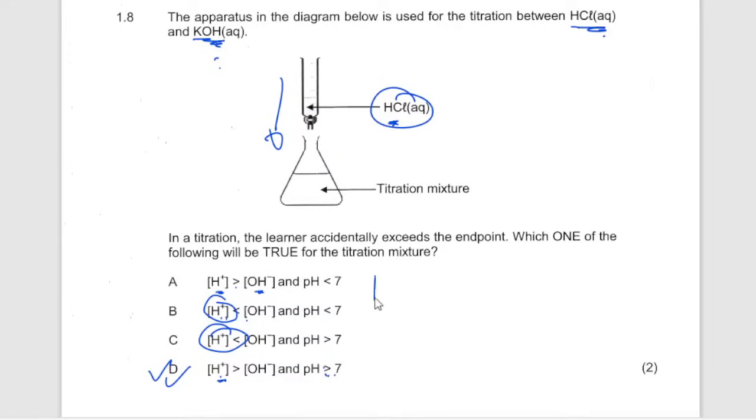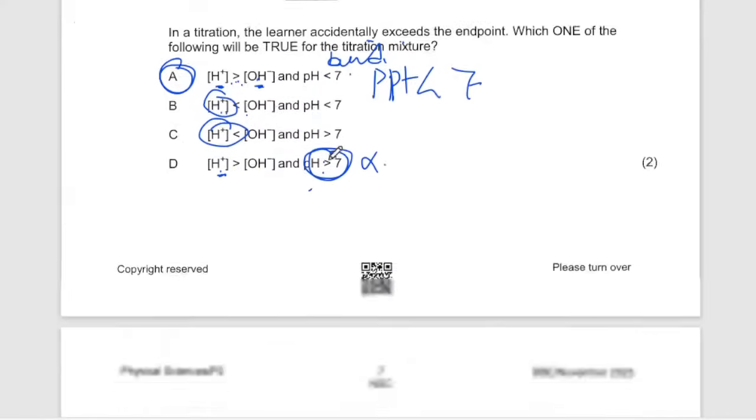The pH is supposed to be less than 7, so this one becomes the most correct answer, not this one. The hydrogen ion will be greater than the hydroxide ion, and the pH is supposed to be less than 7, so that now it is acidic. This one makes it wrong. So the most correct answer there is A.